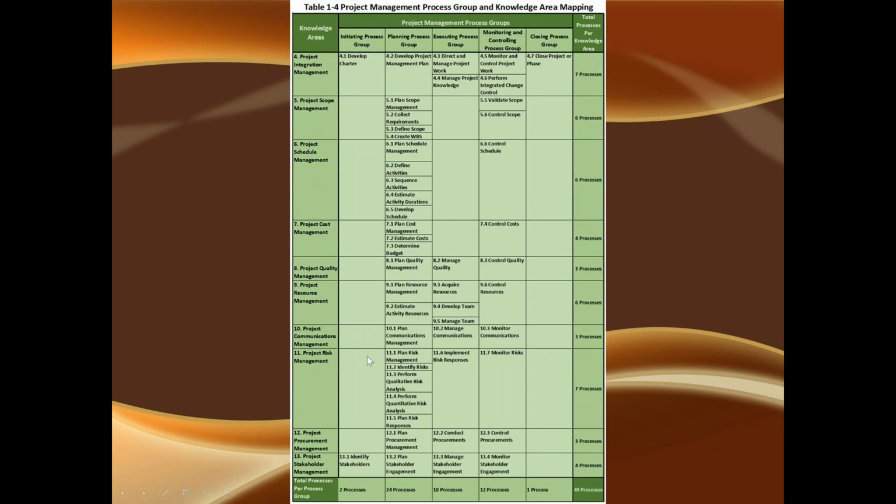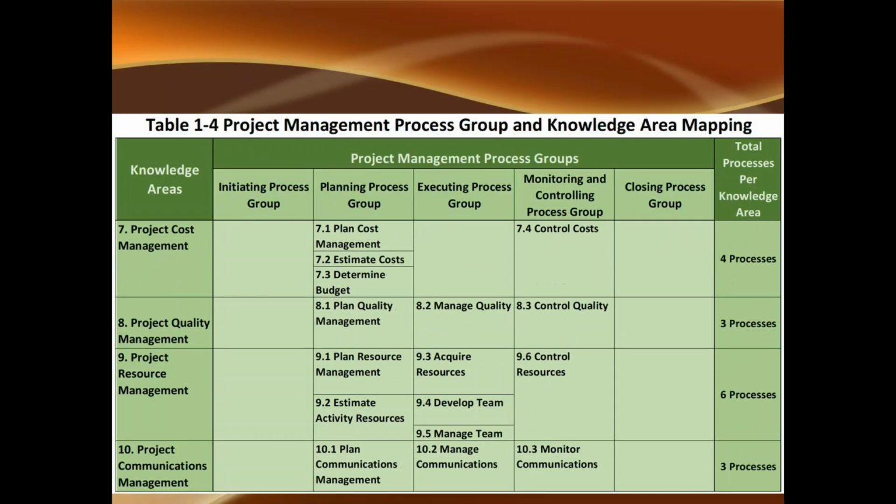And if you look at columns, you can see that initiation has got 2 processes, planning has got 24 processes, and so on, and ultimately again totaling up to 49 processes. So there are 49 processes which are divided into 5 process groups and also into 10 knowledge areas. We will analyze this chart tomorrow in detail, and we will see how these various processes interact together.